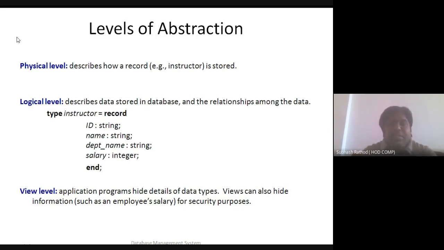We take the example that we have hardware, we have the memory, and how the data is stored. This study is done at the physical level.